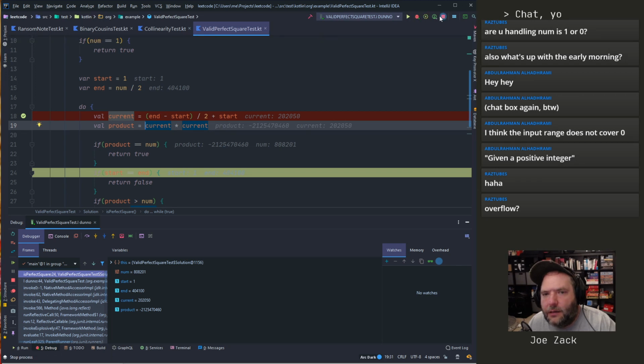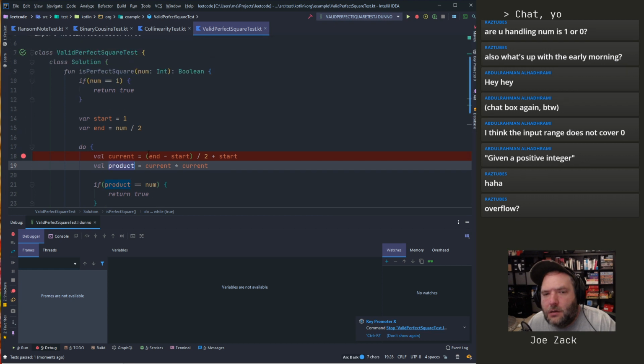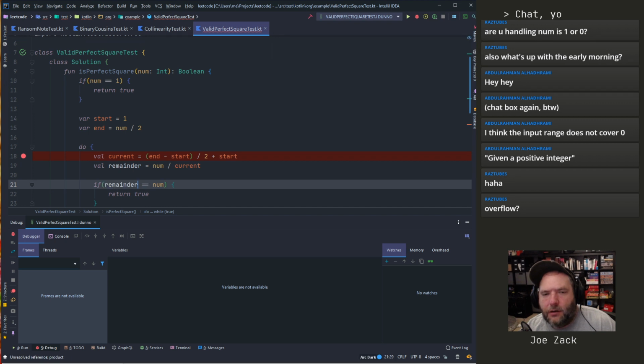What would that look like? So do we call that remainder? And if we take our original number, divide by our current, and then if remainder equals... If remainder times remainder, that seems like a weird way of doing it.